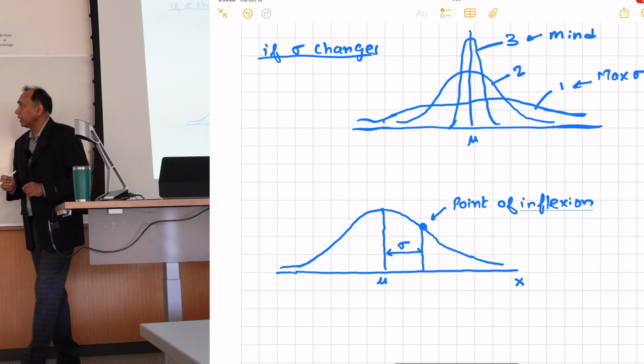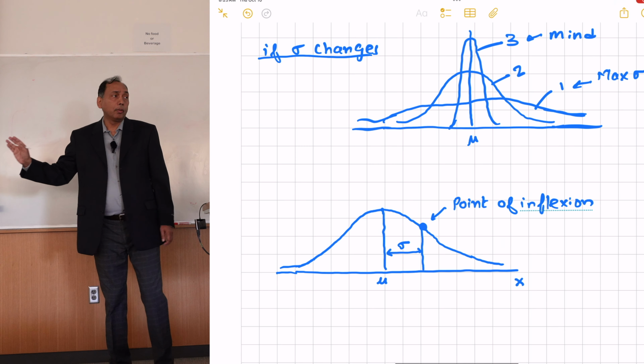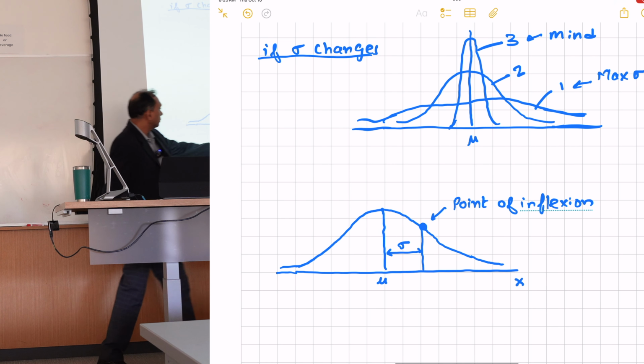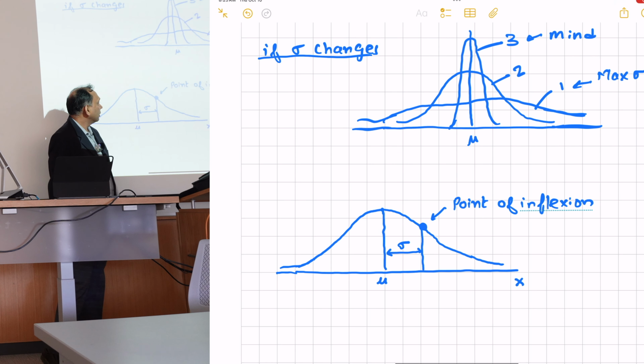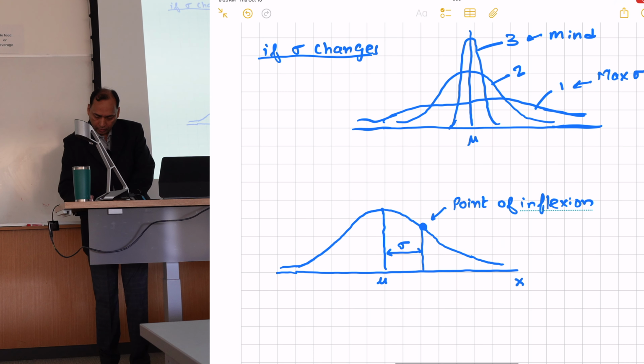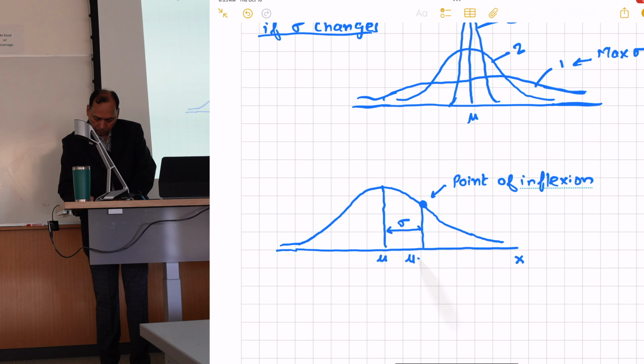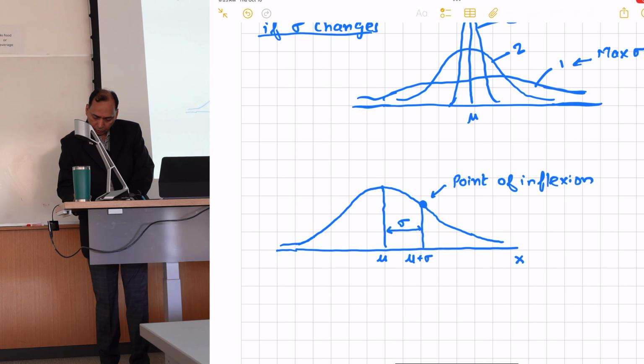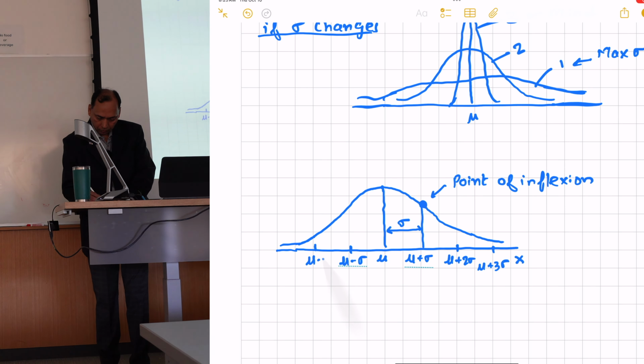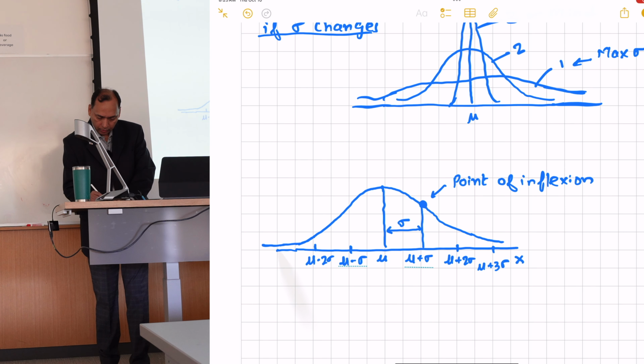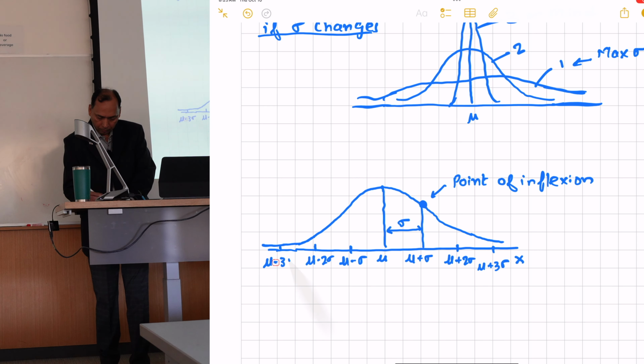So one standard deviation from mu to this point where it changes direction. So this is mu plus sigma. Similarly, you have mu plus 2 sigma, mu plus 3 sigma, mu minus 2 sigma, and then mu minus 3 sigma.